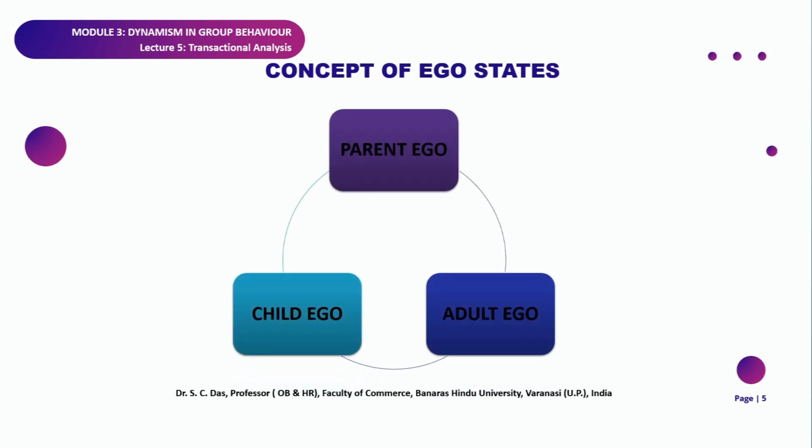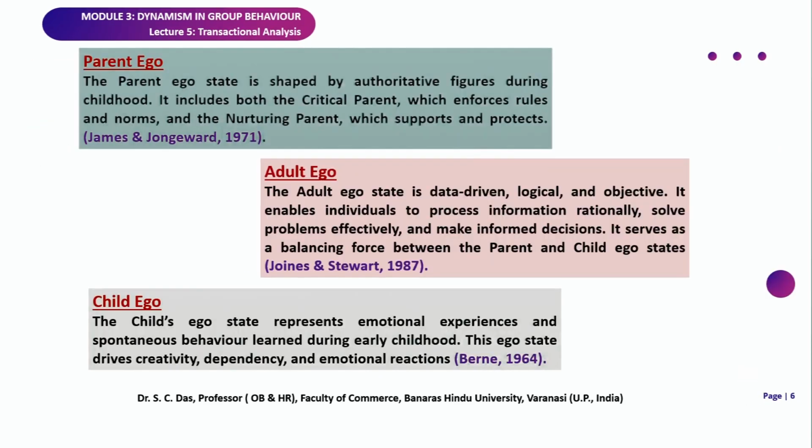There are basically three types: parent ego, child ego and adult ego. Let us see what the parent ego is. Some core definitions of parent ego. The parent ego state is shaped by authoritative figures during childhood. It includes both the critical parent, which enforces rules and norms, and the nurturing parent, which supports and protects.